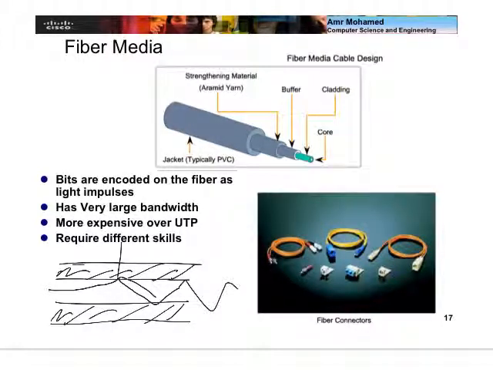And again the buffer is used to protect the light energy from outside interference. Here there is another layer of strengthening material, and the reason for this is that we have a glass, so the strengthening material tries to keep the core glass without sharp bends.